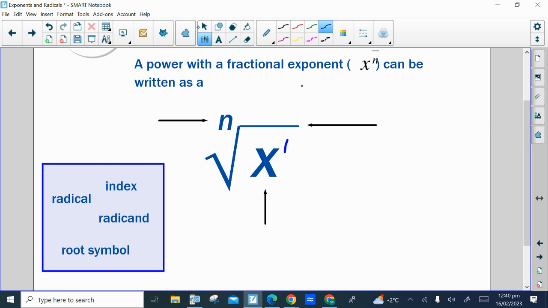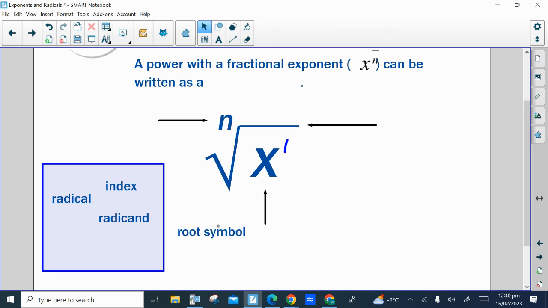So we have a couple of pieces that we can label here. That is the root symbol there. The radicand is what is under the radical. In this case, it is the x. Sometimes it's a number, sometimes it's a variable, but that is known as the radicand. And the index is what root it is.